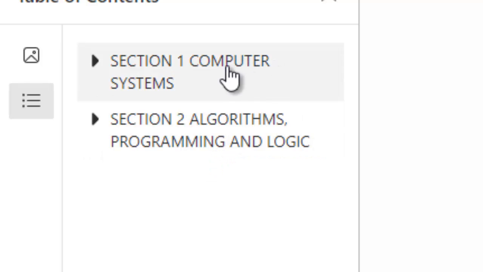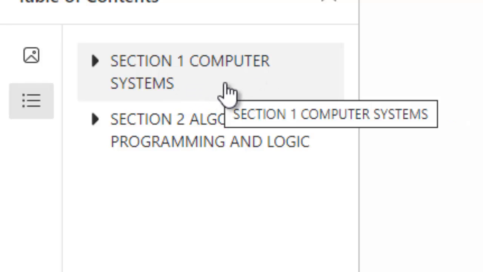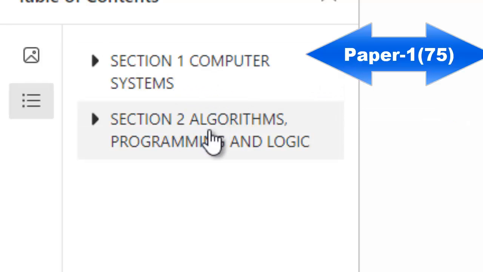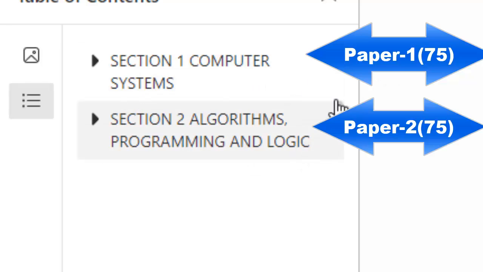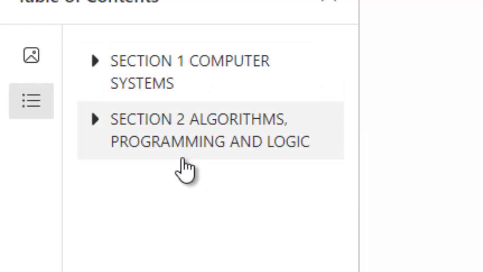Earlier in the old syllabus, paper 1 carried 75 marks and paper 2 carried 50 marks. This time both papers have the same weightage, 75 marks for paper 1 and 75 marks for paper 2. It means you have to do your best in both papers.